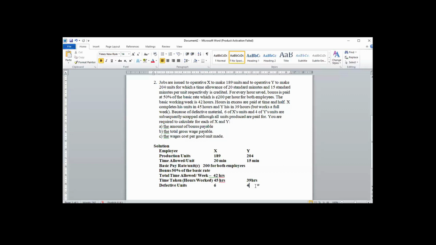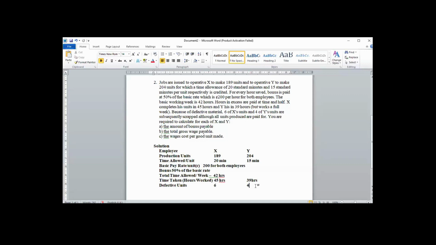Now let's go and solve the question. At this level, we need to find the expected time allowed for this job for X and Y, based on the quantity produced and the time taken per unit. You convert the units given to hours.